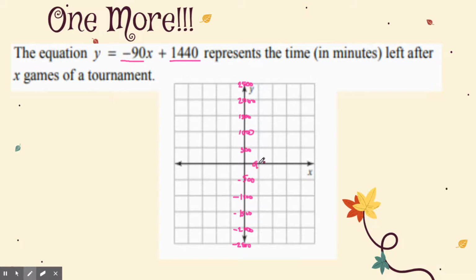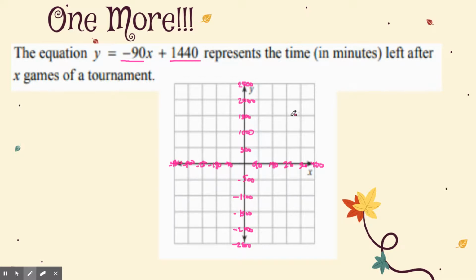I'm going to do 90, 180, 270, 360, and 450. And then on the other side, it's the opposite, negative 90, negative 180, negative 270, negative 360.